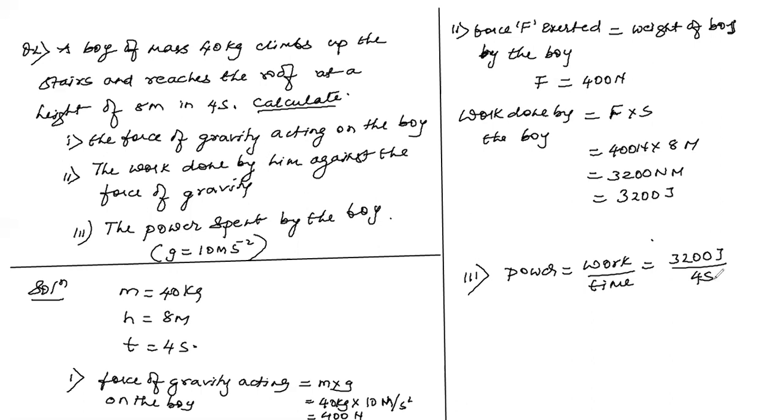You can see it is given. So it becomes 800 joules per second. 1 joule per second is 1 watt. So 800 joules per second is 800 watts. Got it? So power is 800 watts. I hope people understand me here.